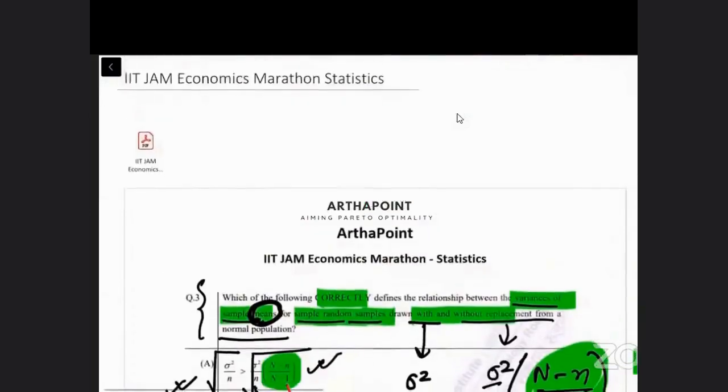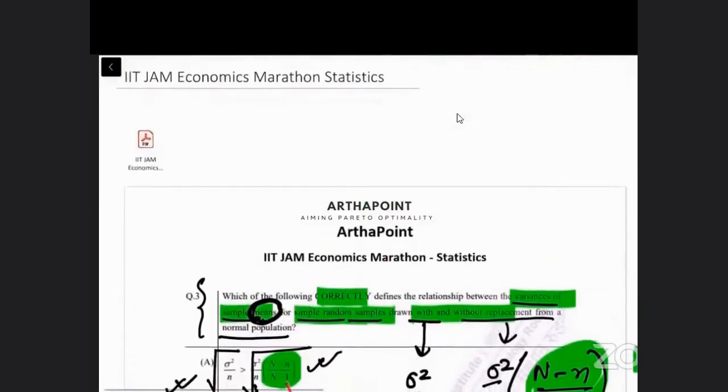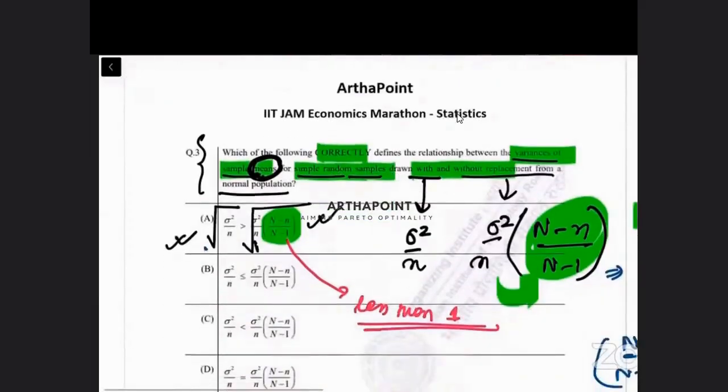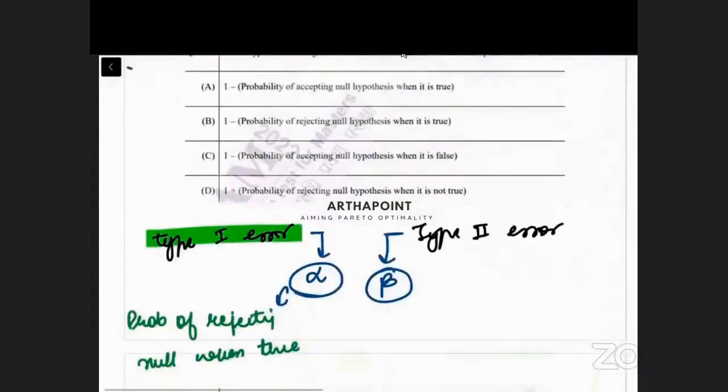My sample mean is normally distributed with population mean mu and variance sigma square by n. So the standard deviation is sigma by root n in this case. So it's the same here, sigma by root n, and this will be under root of this thing. Okay, fine. So let's go to this question then.